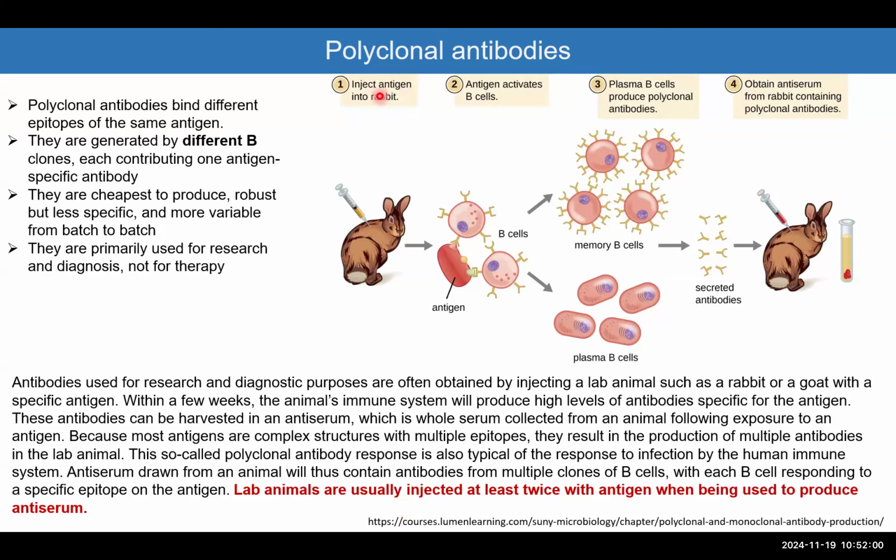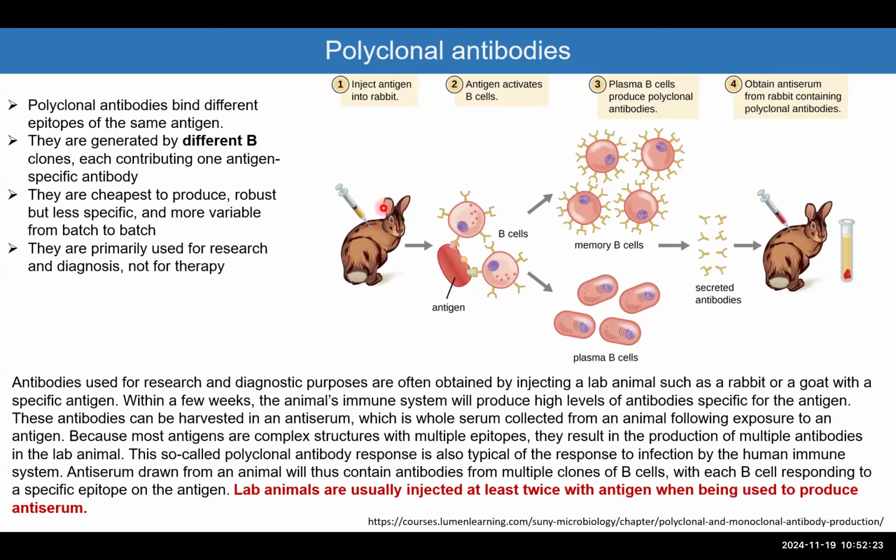So the way that a polyclonal antibody works is that we inject that protein or a part of the protein that we know is going to be representative for that antigen into a mouse or a rabbit or a pig or goat, depending on the facility.